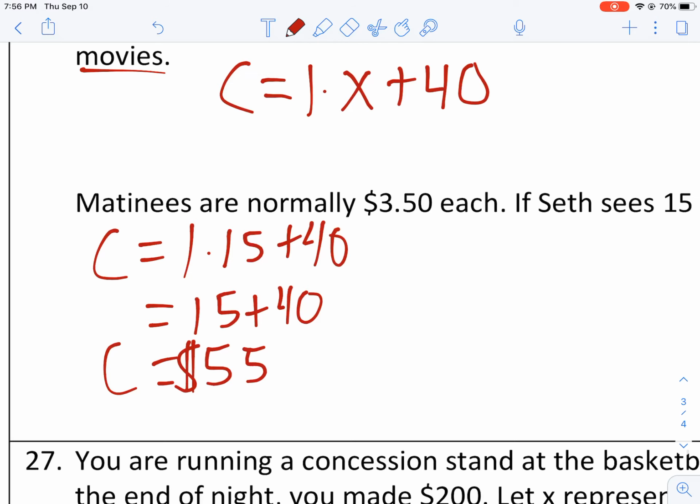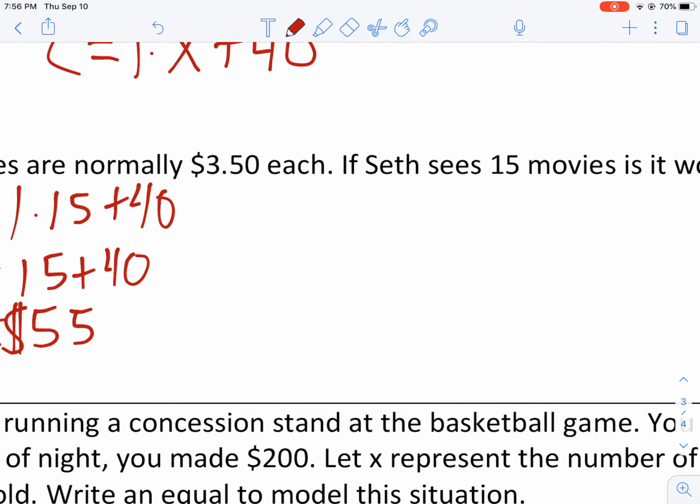Now, if he didn't have the pass and was paying $3.50 per movie, that would be $3.50 times 15. Let me get my calculator for a second to make sure I don't mess this up. 3.5 times 15 is 52.5.